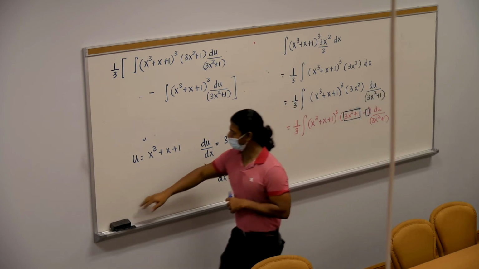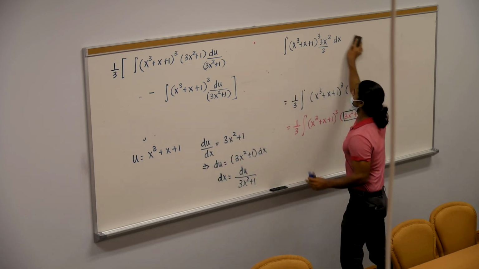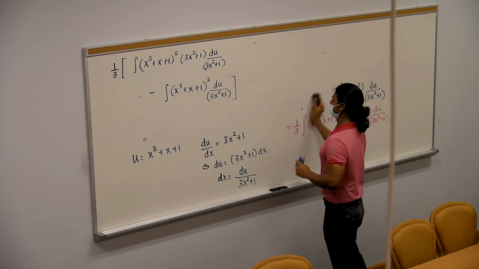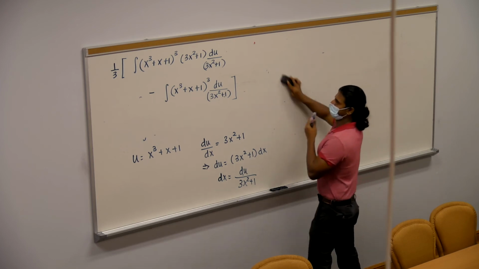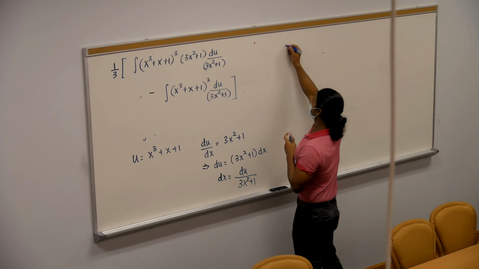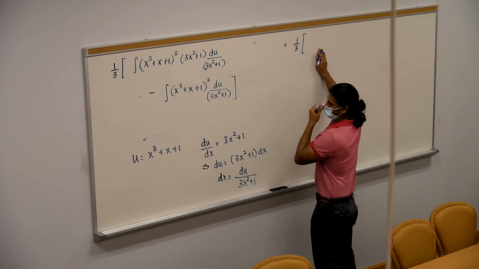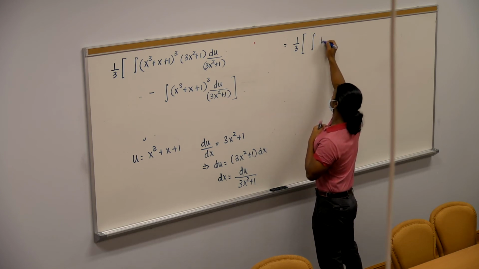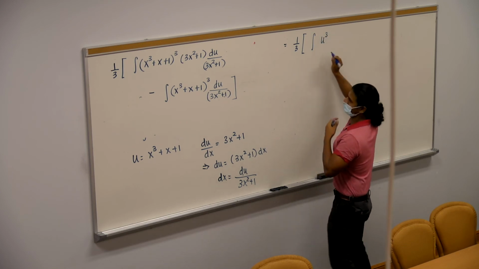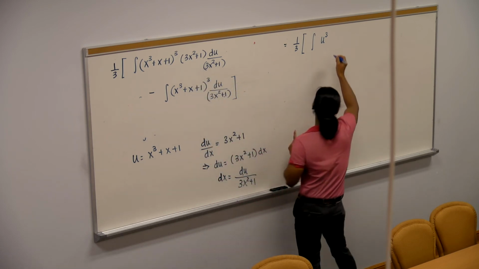Okay, let's take a look at the first integral. So the first integral would be the integral of u cubed. The 3x squared plus 1 would go away.